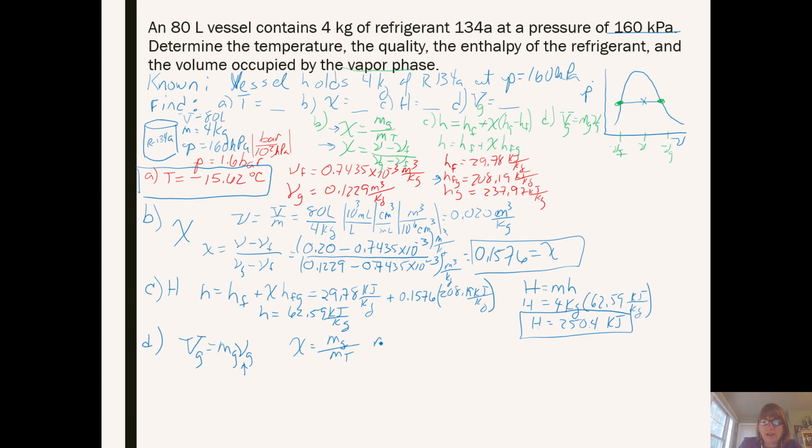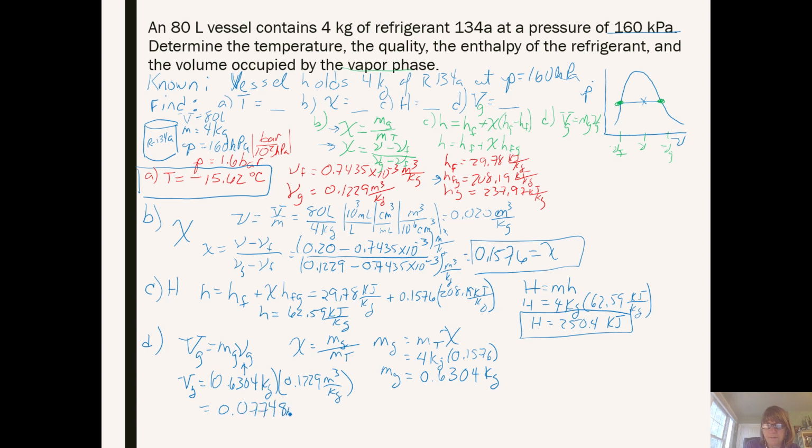And so if I want the mass of just the vapor, take the total mass times the quality, since we found it. Mass of our vapor comes out to be 0.6304. And so when we find the volume of our vapor, that comes out to be 0.07748. And that is our value for the volume occupied by just the vapor.